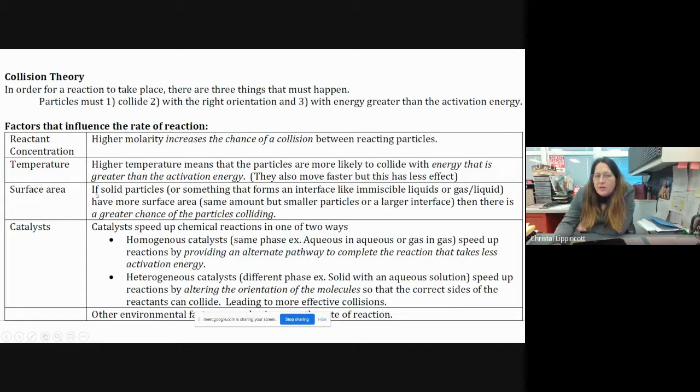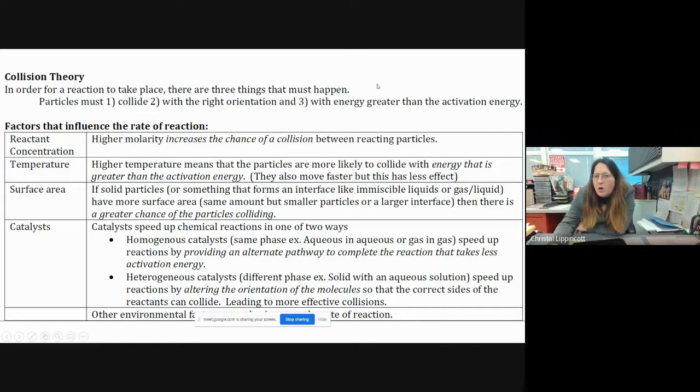The surface area then. If solid particles, or something that forms an interface like an immiscible liquid or gas, have more surface area, then they're more likely to be able to collide. Okay.